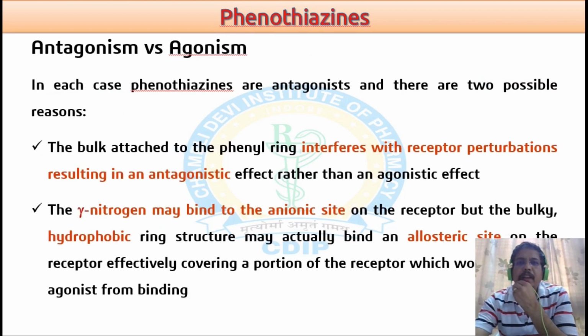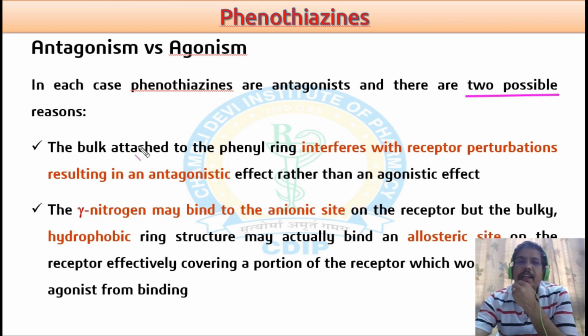If you look at the antagonist activity of phenothiazines on all of these receptors, it might take place due to two possible reasons.